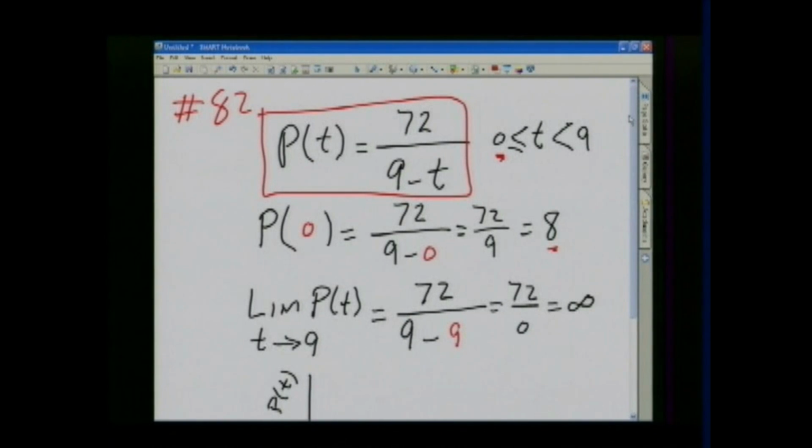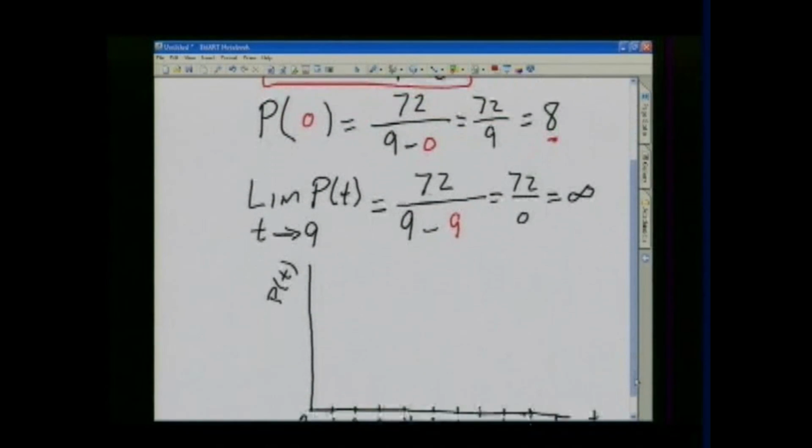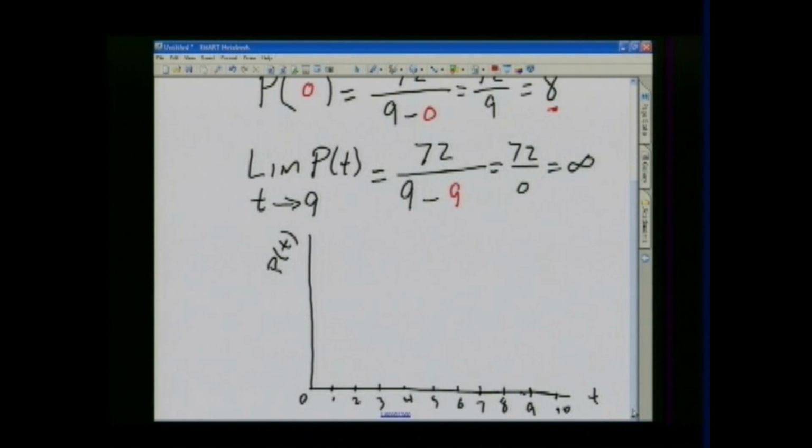Then t equals 1 would be 72 divided by 8, t equals 2 would be 72 divided by 7, and so on. And as t goes toward 9, this is the limit. You start from only 8 rabbits, it goes up slightly at the beginning, but as you approach 9, it's going to explode. It's going to go up that way.